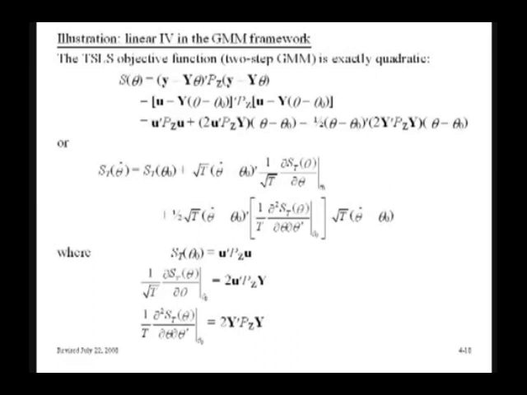So this is an exact quadratic, and now I've just expanded this out. And so this expansion corresponds exactly to that general Taylor series expansion, except there's no remainder term here because it's exactly quadratic. Okay, so what's going on is twofold.